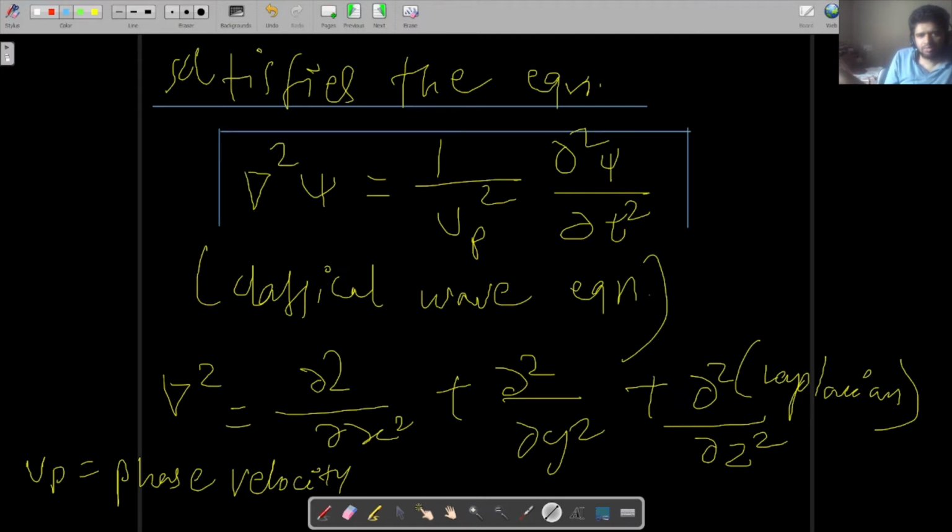Then we call it a valid wave function. This is the classical wave equation, which you are going to learn in paper 1. So for a wave function to be valid, it must satisfy this equation.